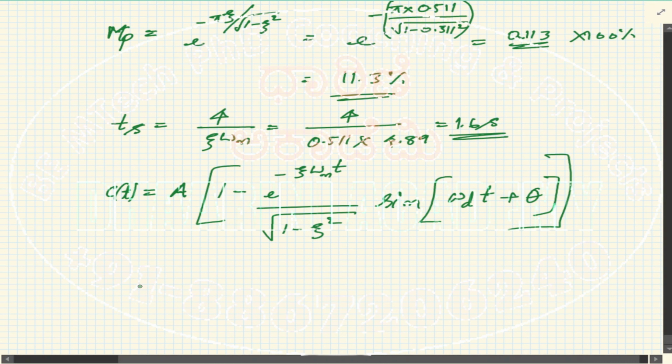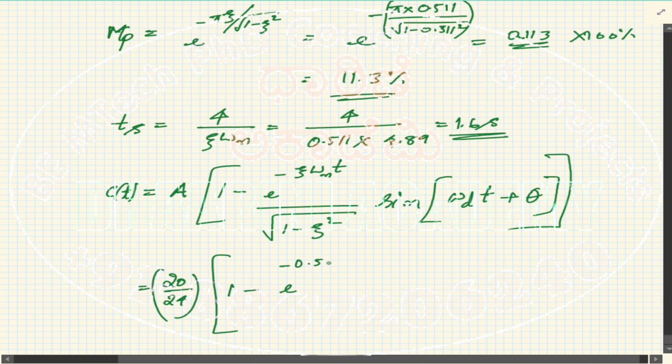So this is equal to 20 over 24. Multiply this with 1 minus e to the power. So let's substitute the value.